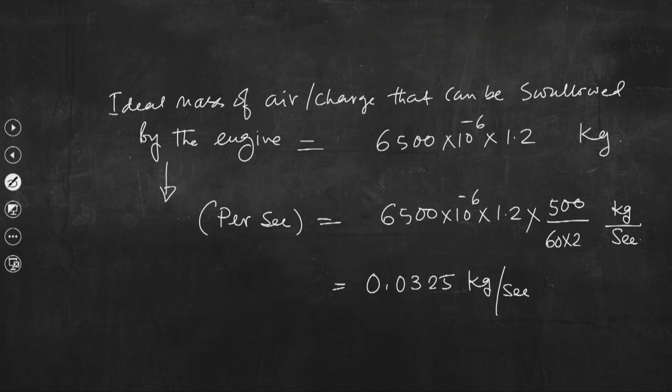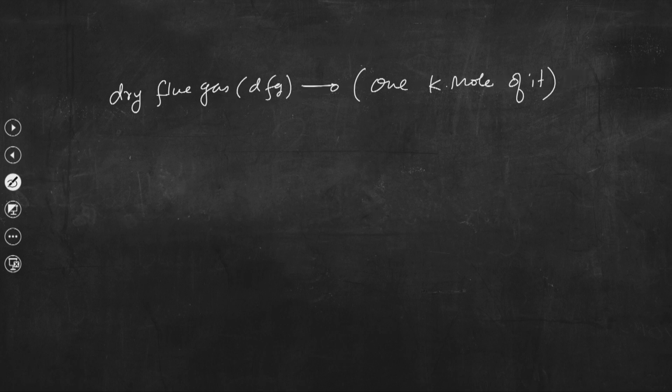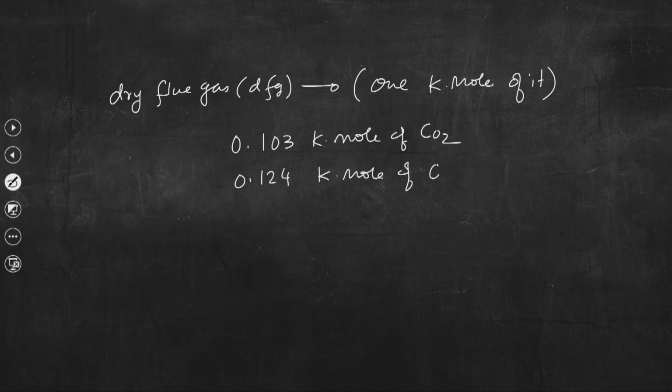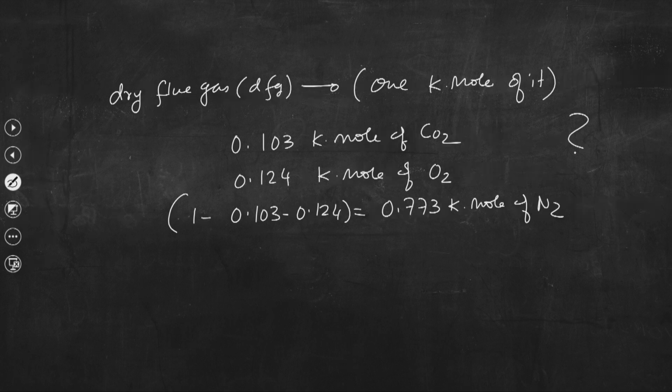So, that means if we go to the next slide, we can write for 1 kilomole of it, 0.103 kilomole of CO2, 0.124 kilomole of O2, then 1 minus 0.103 minus 0.124, that is 0.773 kilomole of N2. So, this is the analysis of dry flue gas.